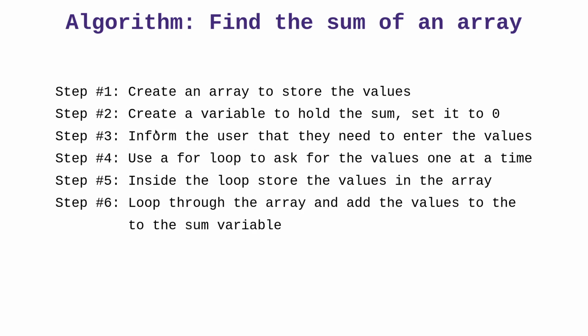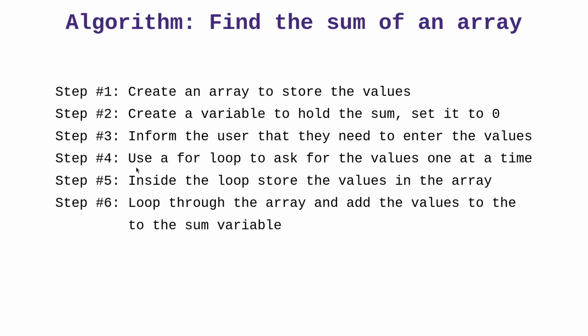All right, and then step 3 and step 4 again is pretty much the same, right? So of course we ask for the numbers, and then finally we can add the number to the sum variable. All right, good. So again, we have the array. We have to create a variable to hold the final sum, and then we need to use a loop, right?